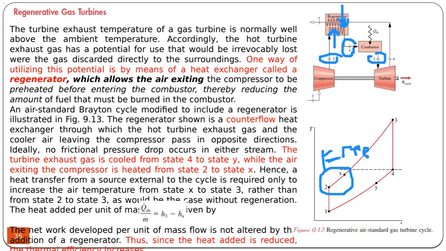Normally in Q in, we had to put H3 minus H2. This is under normal conditions. But with the use of the regenerator, now it becomes H3 minus HX. So the difference between HX and H2 is the saving.